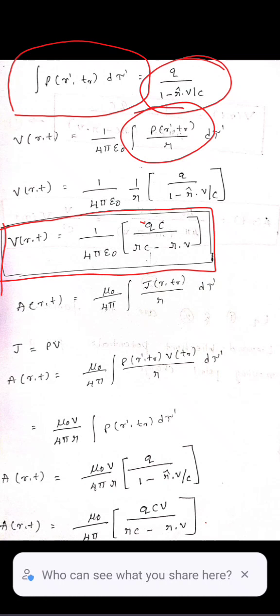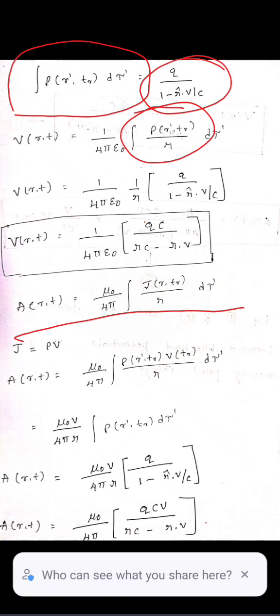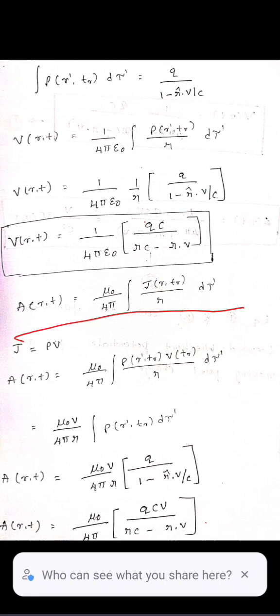So A(r,t) = μ₀/4π · J(r,tᵣ)/(𝓇 dθ'). Here J is called the current density.